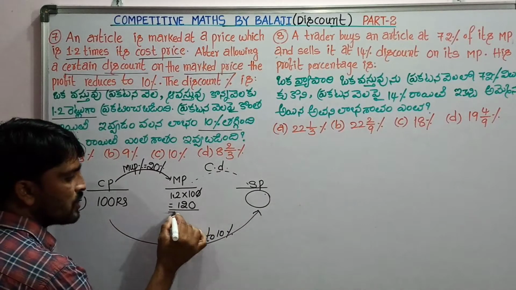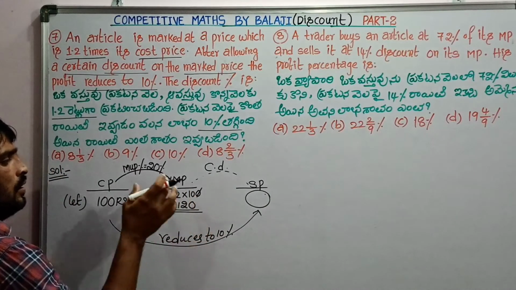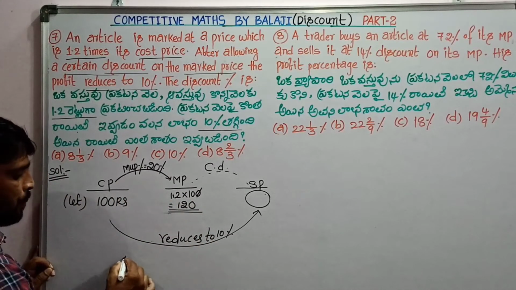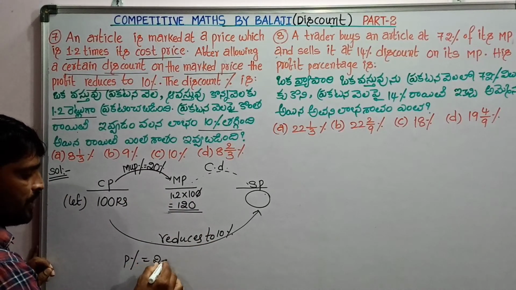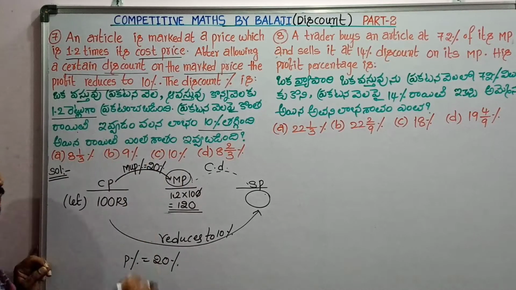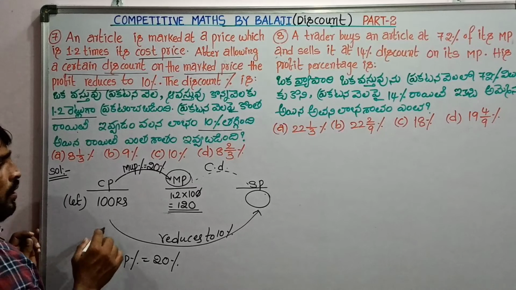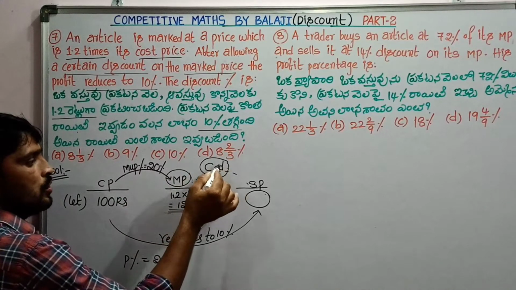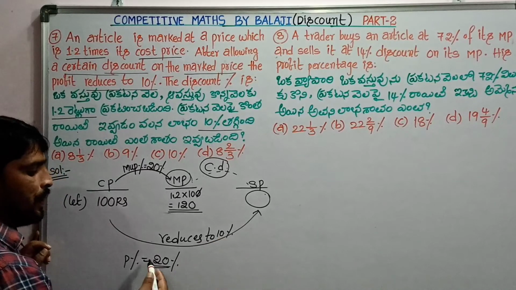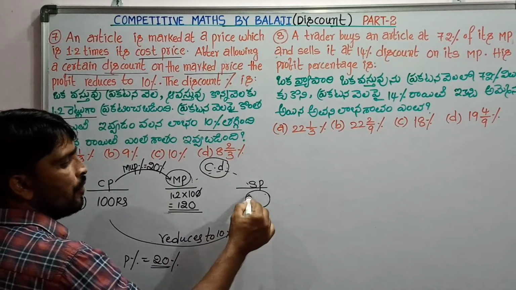Suppose the article is sold at its marked price, then there is a profit of 20 rupees, that is 20%. But he allows a certain discount so that the profit percentage reduces to 10%. That means he gains only 10% profit.